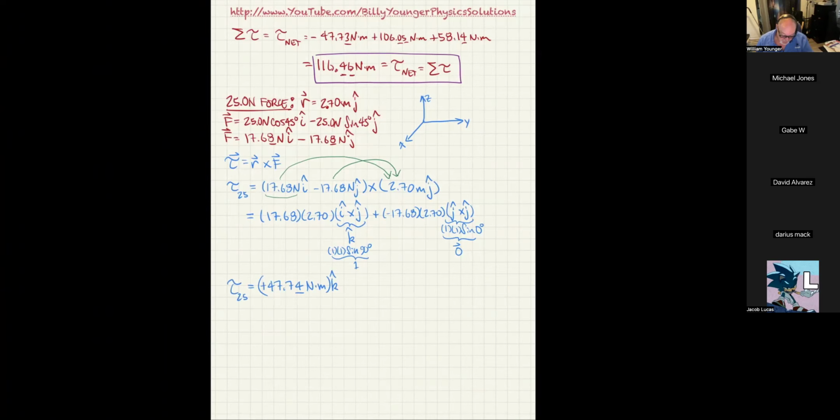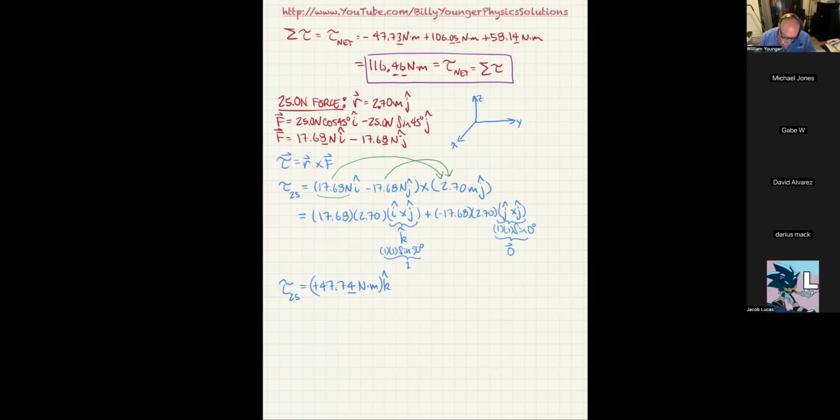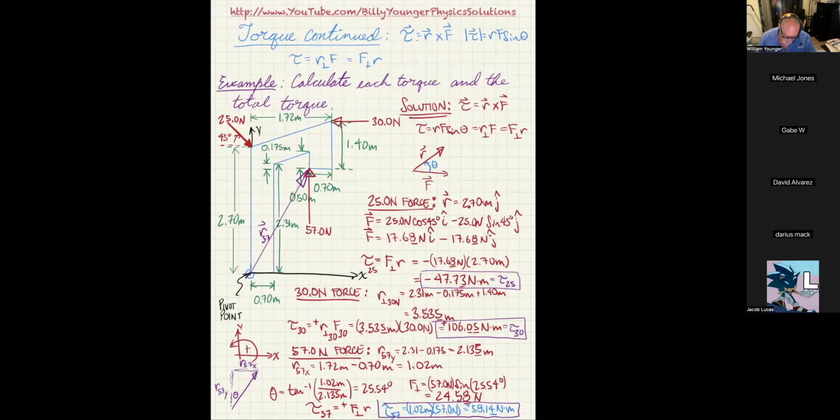We did find, in fact, that it was 47.74, 47.73. In this case, we called it negative. Let's see. Is that the same one? 47.73, 47.73. That was the 25 Newton force. Oh, the 25 Newton force was what we called a clockwise torque.